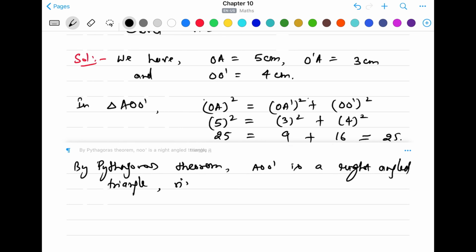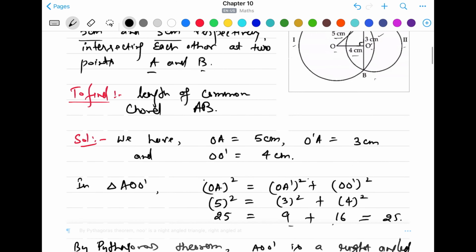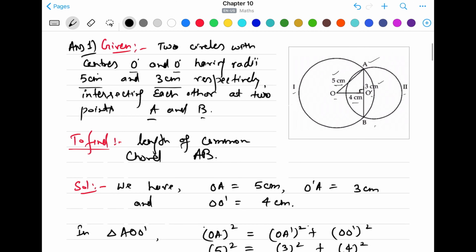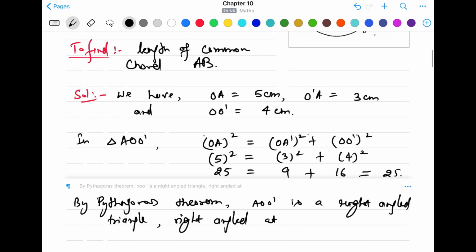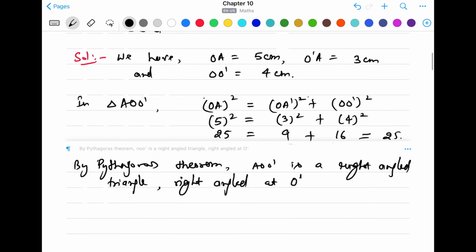Since 5 is the longest side, the opposite angle, that is angle A O dash O, will be 90 degree. That means this is a right angle at O dash. This implies that O O dash is perpendicular on AB.